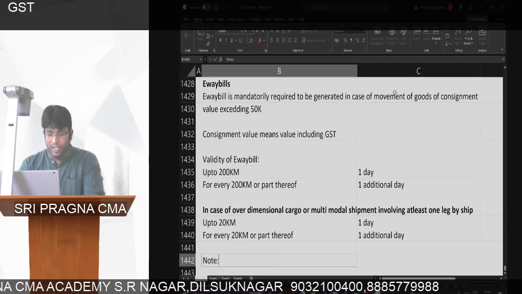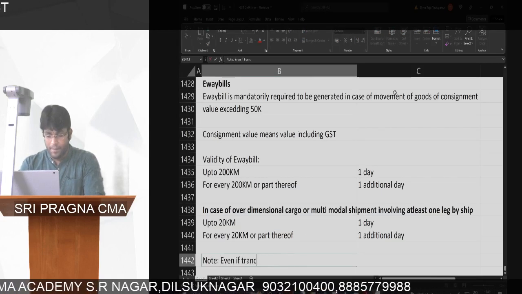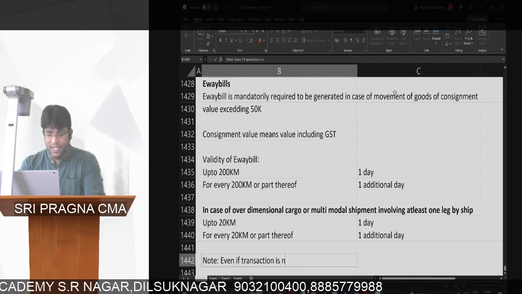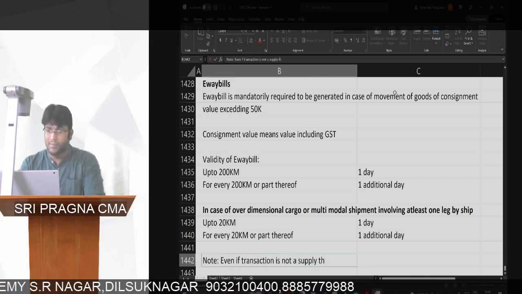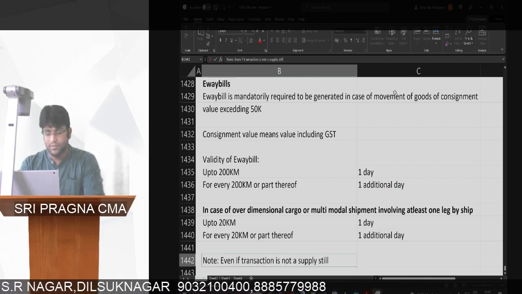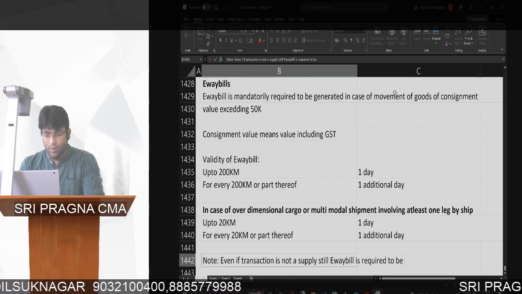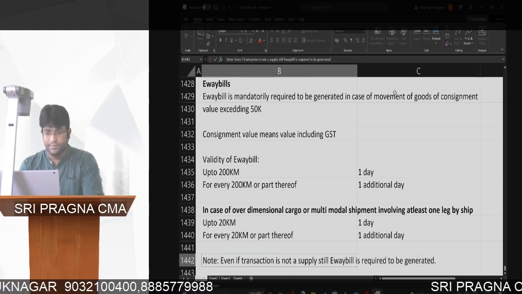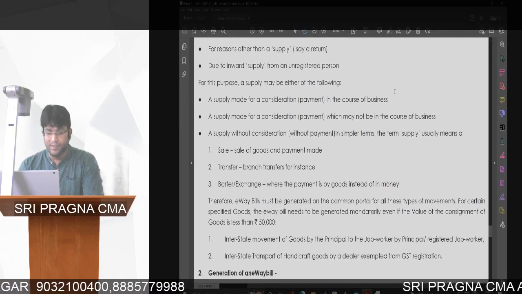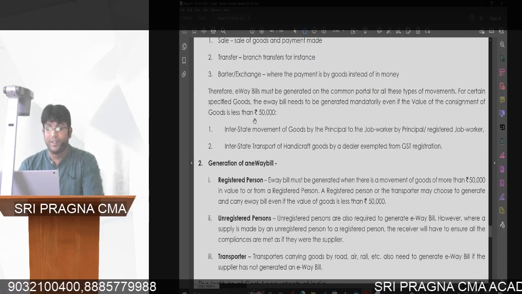So one note I will tell you is, even if the transaction is not a supply, still e-way bill is required to be generated. I hope it makes sense. See this point, very important.